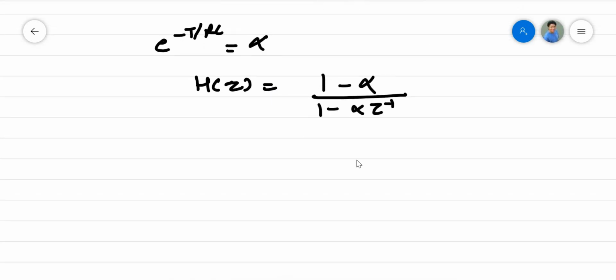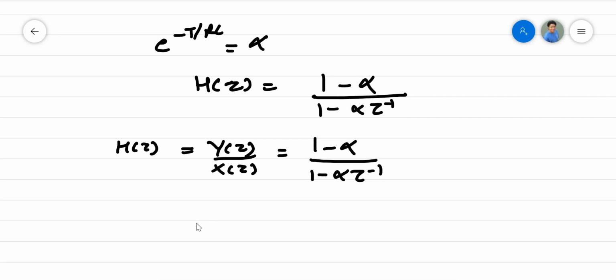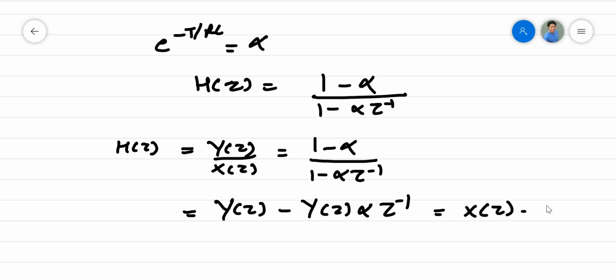Now we want to find a difference equation, because that is an important point. So H(z) can be written as Y(z) by X(z), and it is equal to 1 minus alpha over 1 minus alpha z inverse. Then Y(z) minus Y(z) alpha z inverse equals X(z) minus alpha X(z).